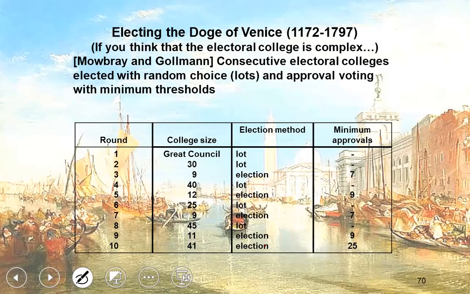So now, most interestingly, approval voting was used in Venice for over 6 centuries, from 1172 to 1797. It was used to elect the Doge of Venice, the chief executive of Venice. So in the Middle Ages and early Renaissance, Venice and the Polish-Lithuanian Commonwealth were the only 2 countries or political systems in the world that were semi-democratic, and they elected the chief executives.